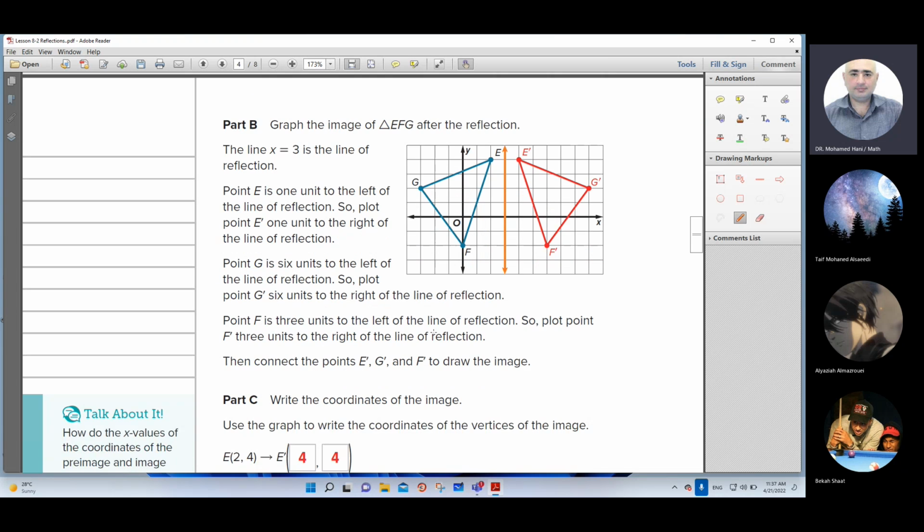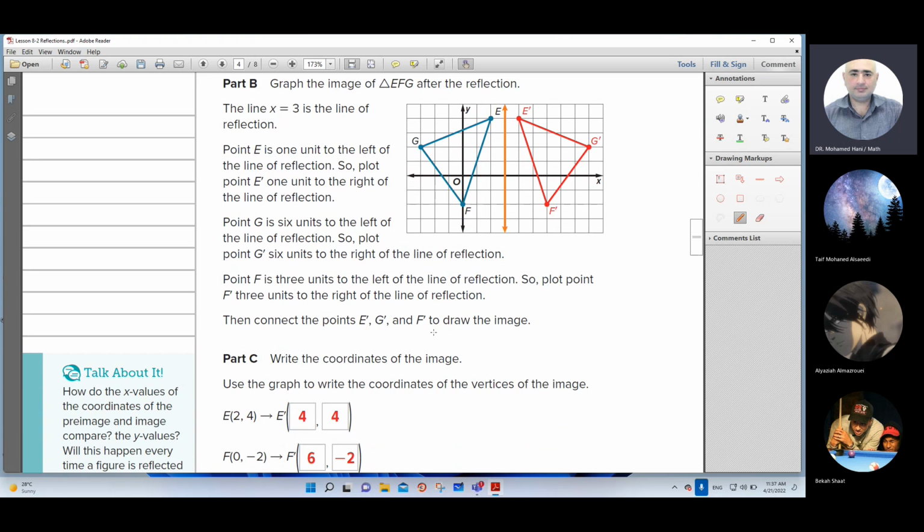And if you want to compare the points, as you see here, E is (2, 4). E prime will be (4, 4). So as you see, we have the same y. Why do we have the same y? Because the line of reflection is parallel to the y-axis.